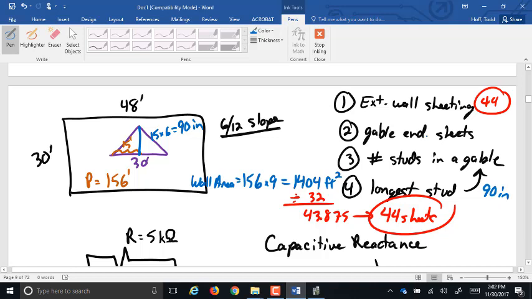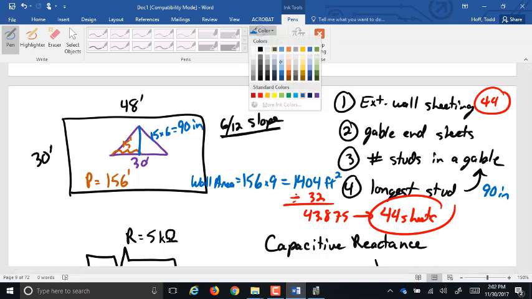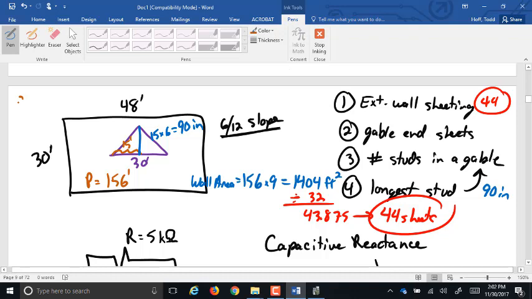The number of sheets on the gable end, I have to convert that 90 inches into feet. 90 over 12 is 7.5 feet. So that area is 30 feet times 7.5 feet divided by 2.